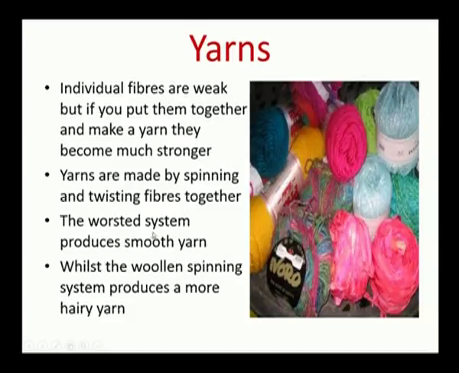The worsted system produces smooth yarn, whilst the woollen spinning system produces a more hairy yarn. So, there are two ways we can make yarn material. Worsted will produce smooth yarn, and woollen spinning will produce hairy yarn. Whatever purpose we are going to use it for, based on that we can make the yarn material.